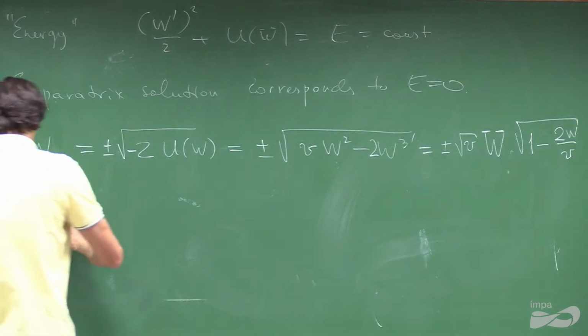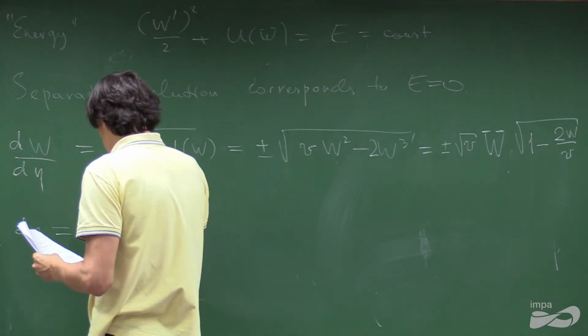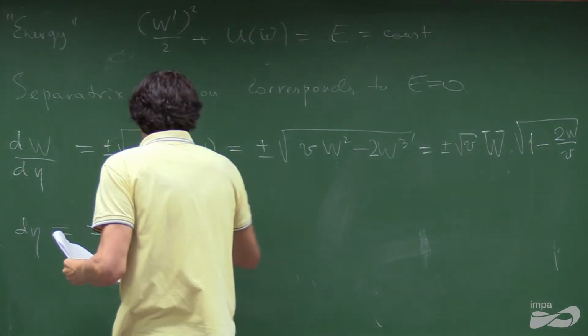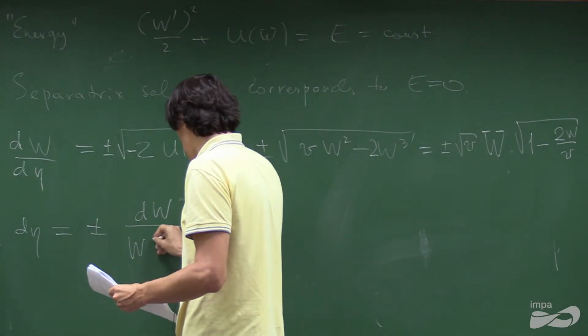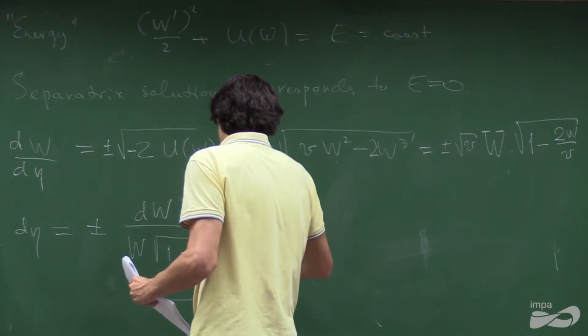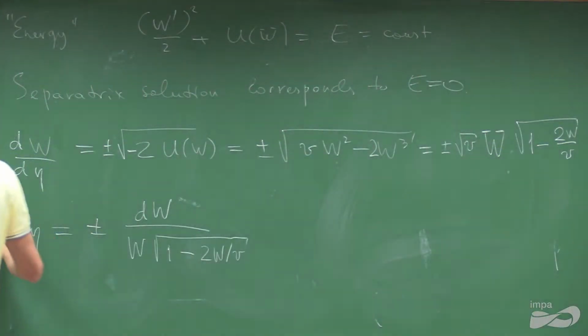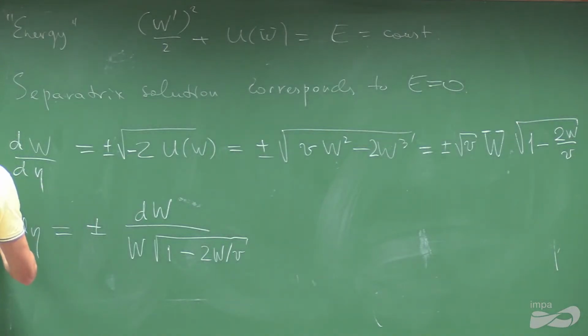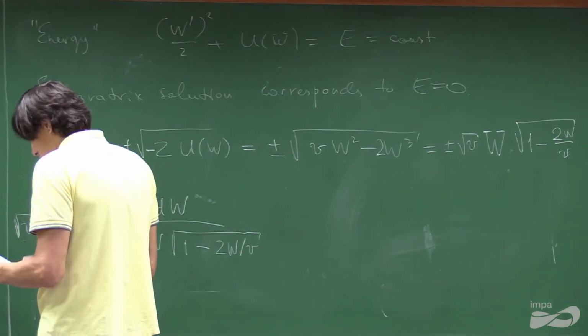So this is plus minus dW, and then the whole stuff in the denominator, and this square root of v I will keep on the left. Like this. Agree? So the next step is we can integrate it.